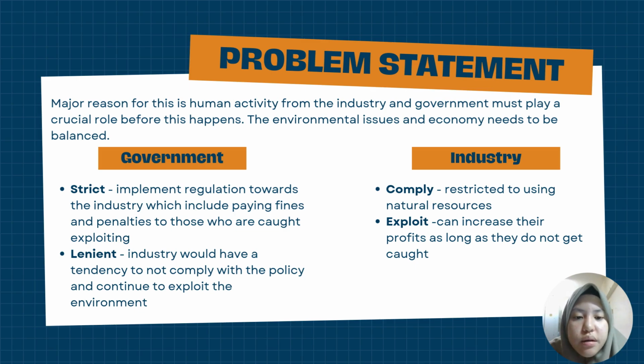The industry also has two choices: to comply with the government's policies, which restrict its use of natural resources, or to exploit, where it can improve its profit as long as it does not get caught.